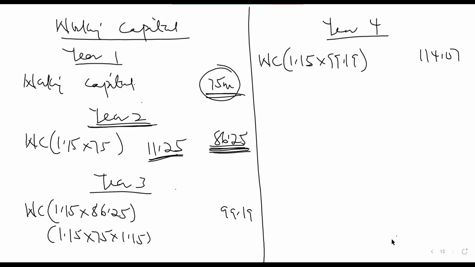Let's come to year 3. What are we going to be adding to year 3? What will be the working capital for year 3? I'm having 12.94. Is that correct?